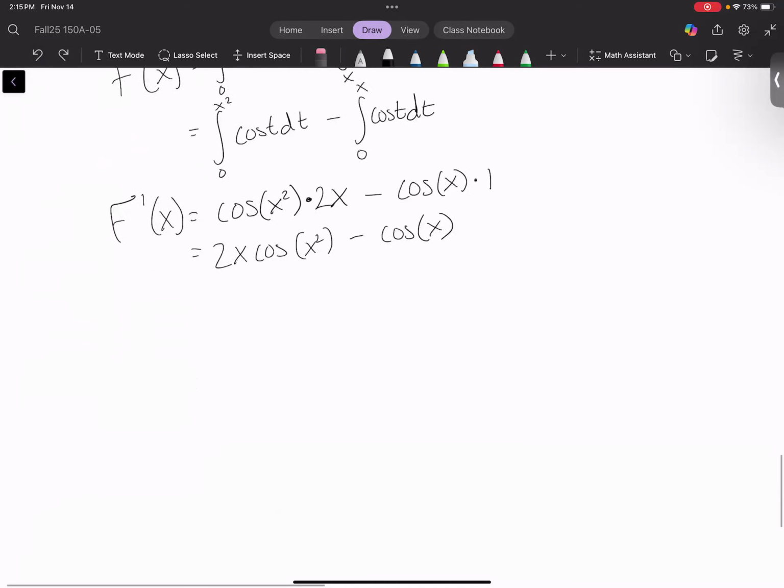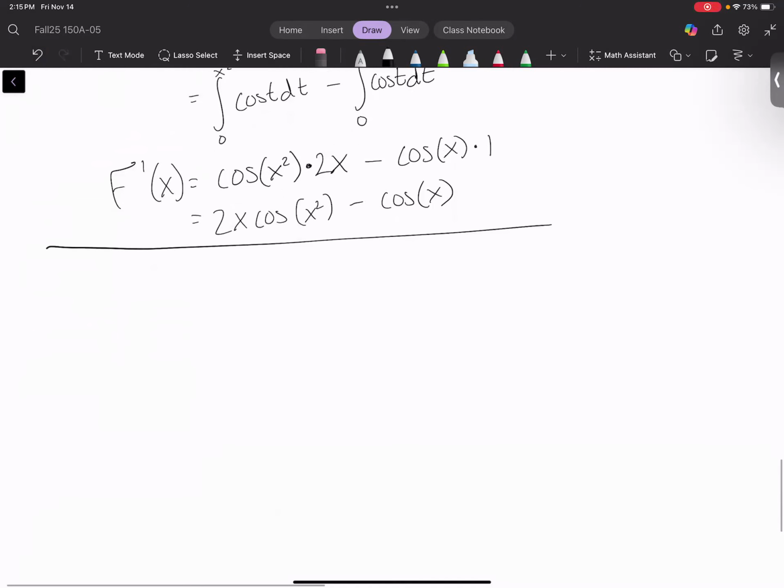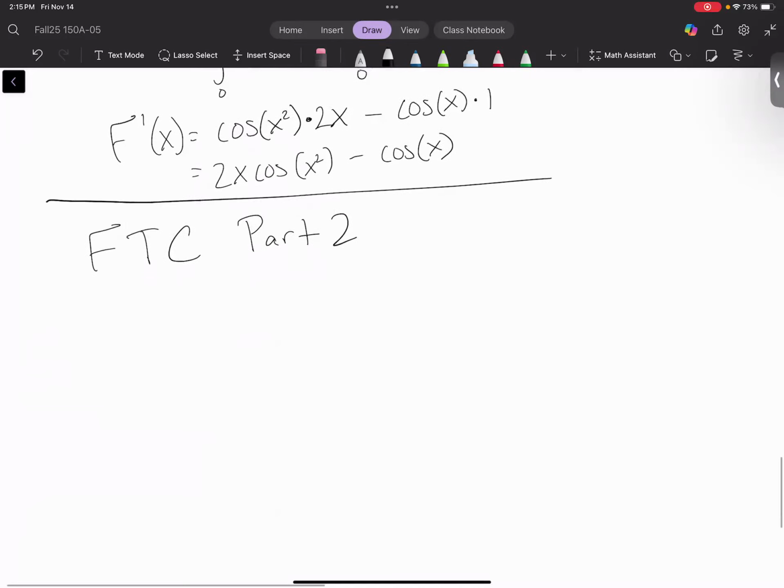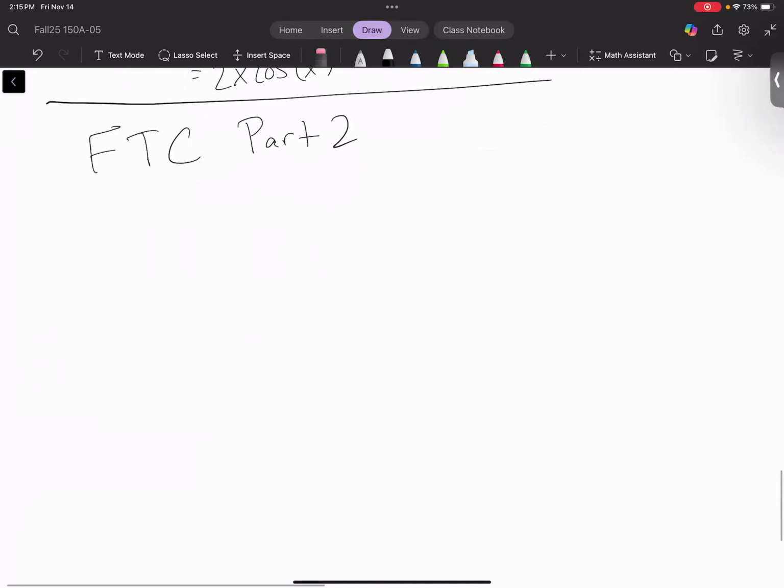What's part two? Part two is actually what helps us evaluate integrals using the antiderivative, or any antiderivative. Okay. What this says is, again, lowercase f is continuous.